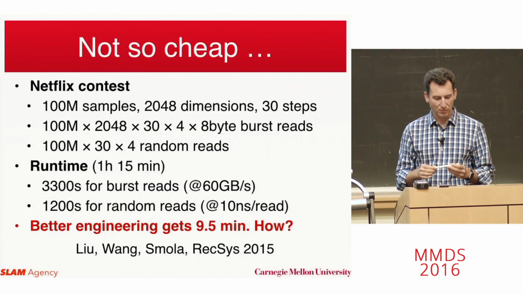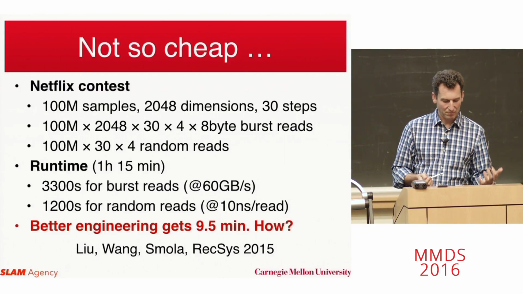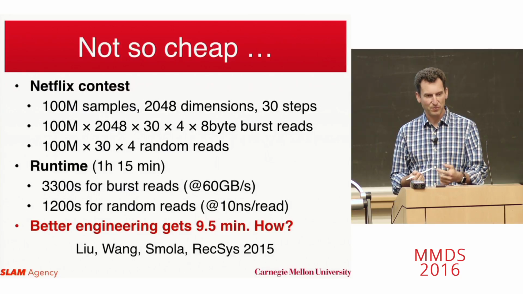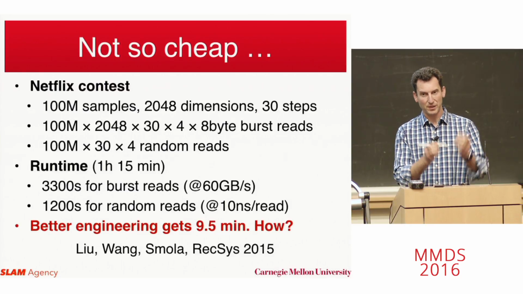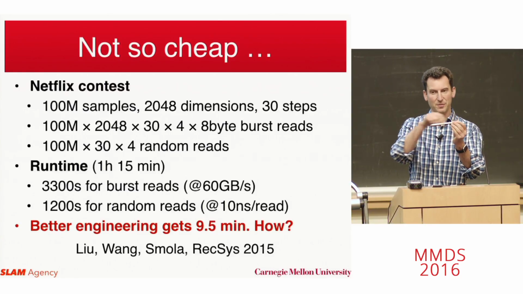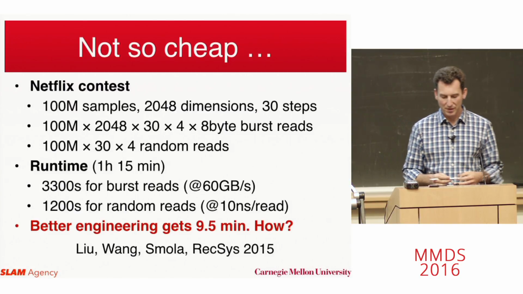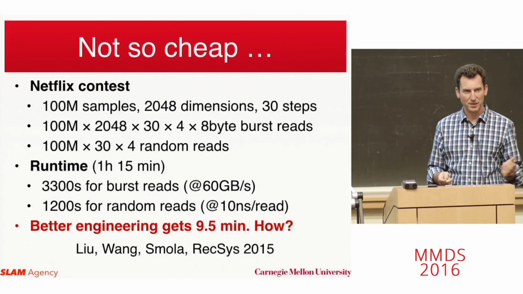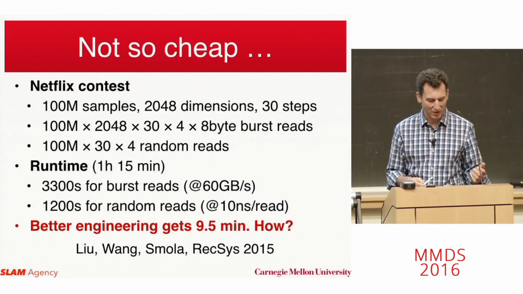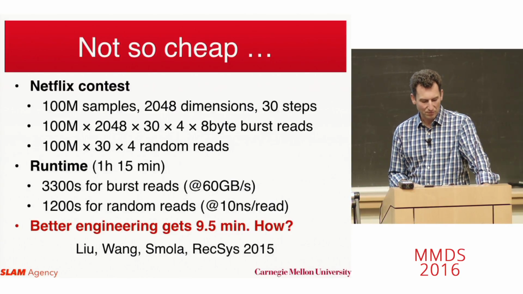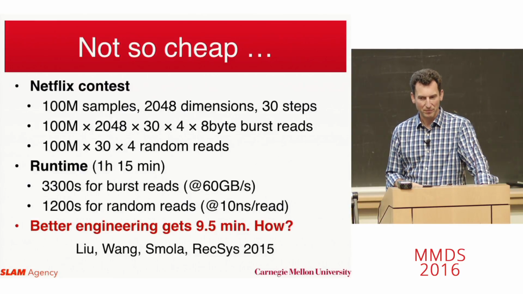And I also need to perform 100 million times 30 times 4 random lookups, because I need to pick the first location, and after that all the subsequent reads are cheap. Okay. So if you plug in some numbers for typical hardware, a reasonably high-end server, you get about 1 hour and 15 minutes of runtime.